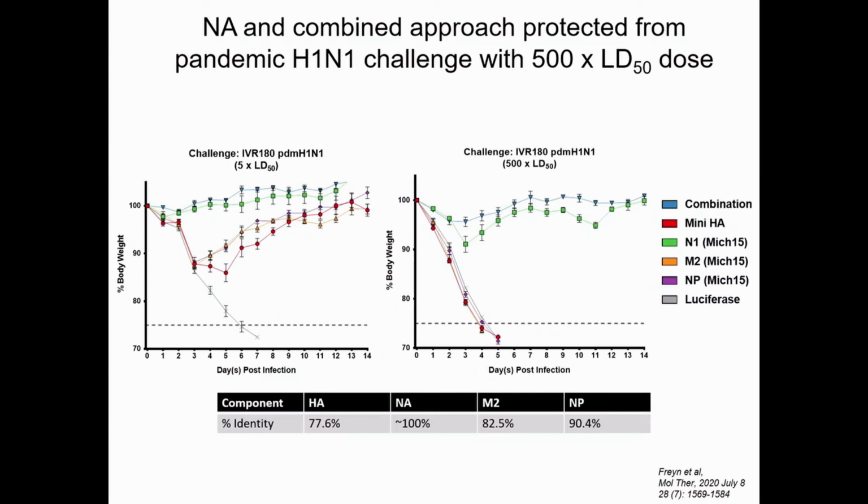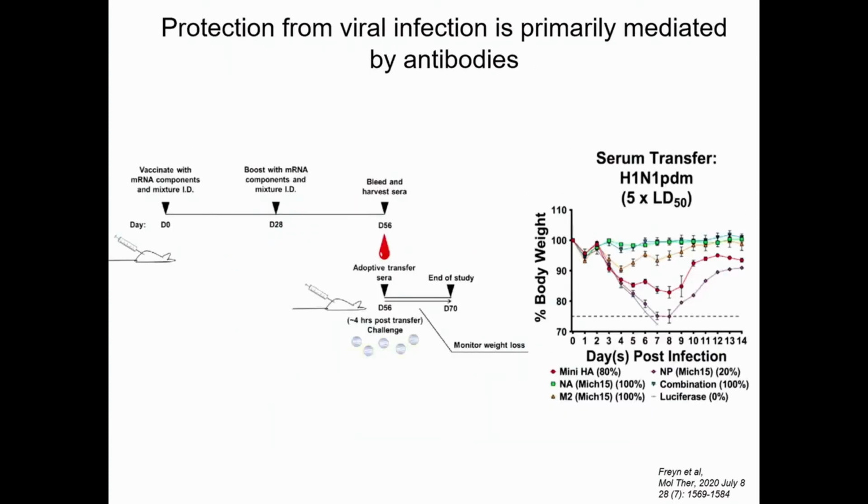Then we decided to use a very high challenge virus dose, 500 times LD50. In this case, only the NA vaccine and the combination vaccine were protective, but again, for NA, this was a homologous challenge because the vaccine antigen and the virus NA were basically identical.